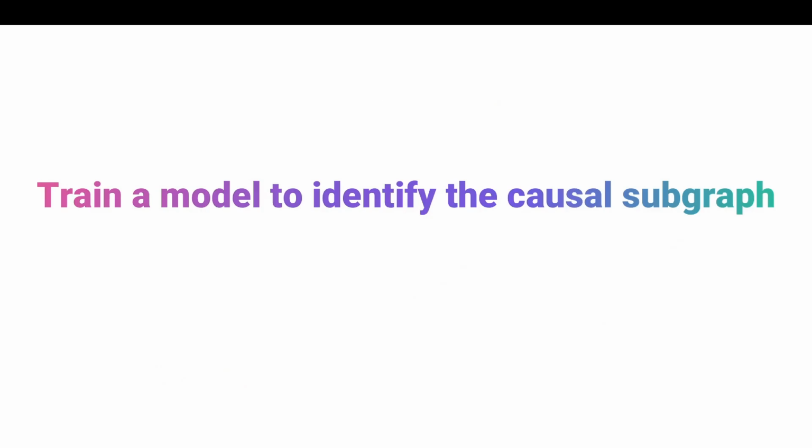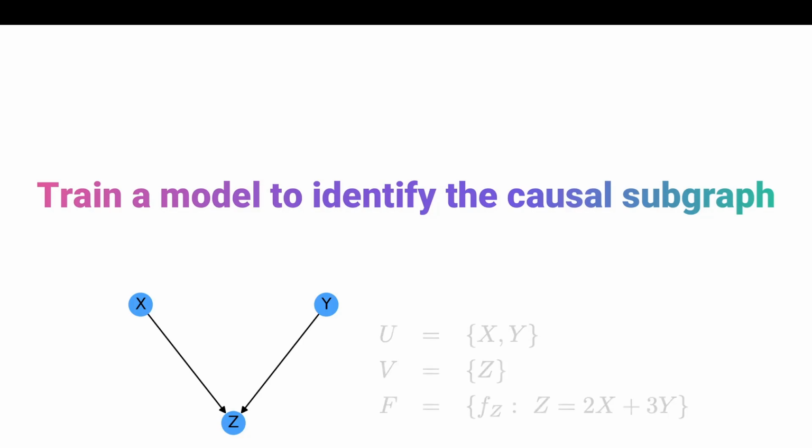So here we want to train a model to identify the causal subgraph. Consider this causal subgraph. We can see that X has a direct link to Z and Y has a direct link to Z too, meaning that X has an effect on Z and Y too.